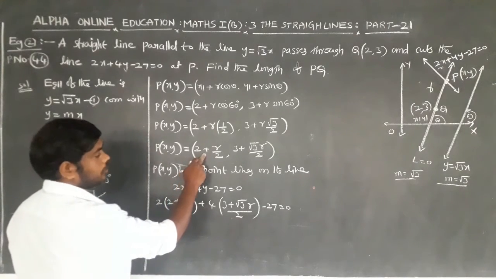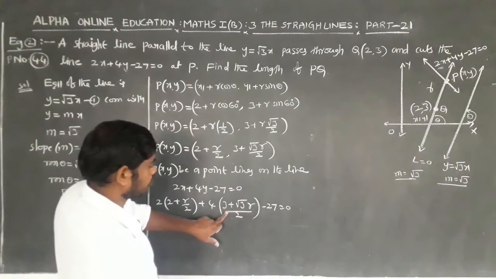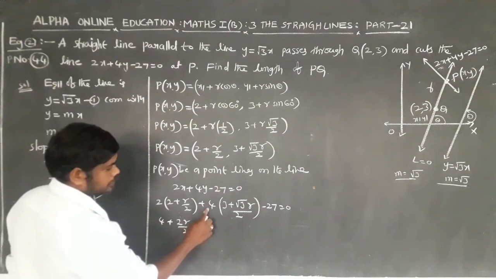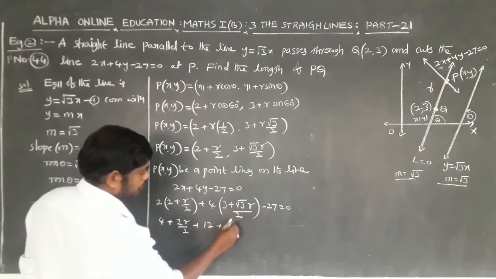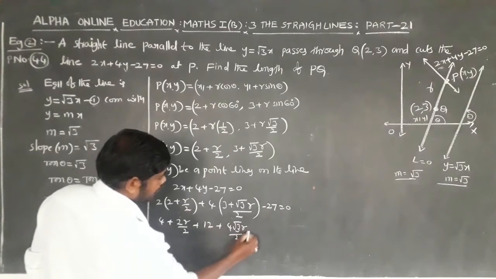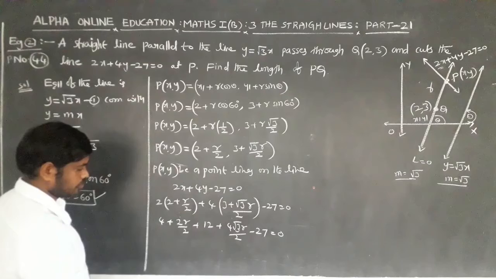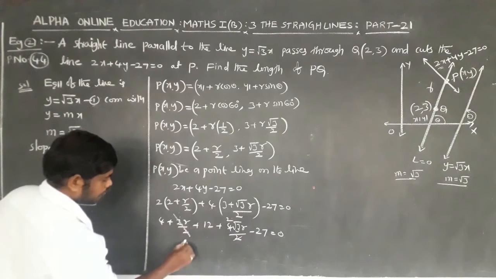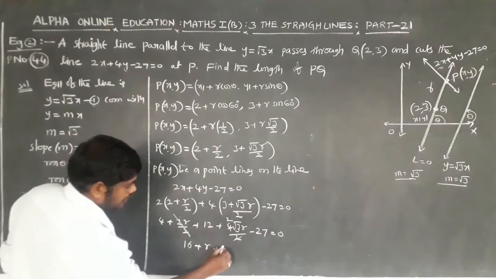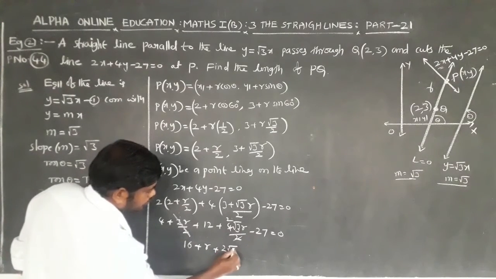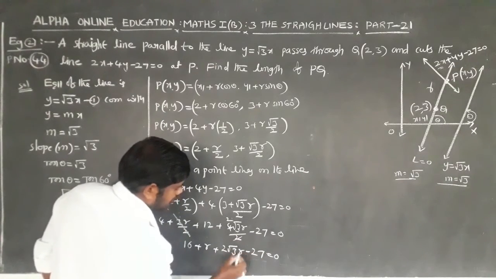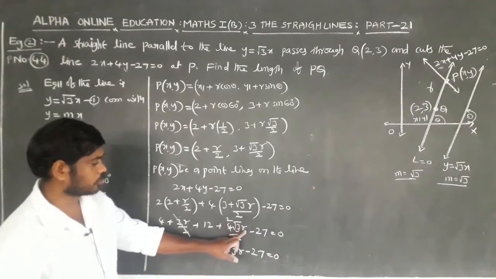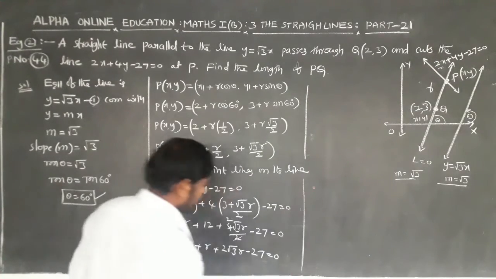Substitute x = 2 + r/2 and y = 3 + (√3 r)/2. 2 times 2 is 4. 2 into r/2 gives r, plus 4 into 3 is 12, plus 4 into √3 r/2 is 2√3 r, minus 27 equals 0. The 2s get cancelled. 4 plus 12 is 16, plus r plus 2√3 r minus 27 equals 0.